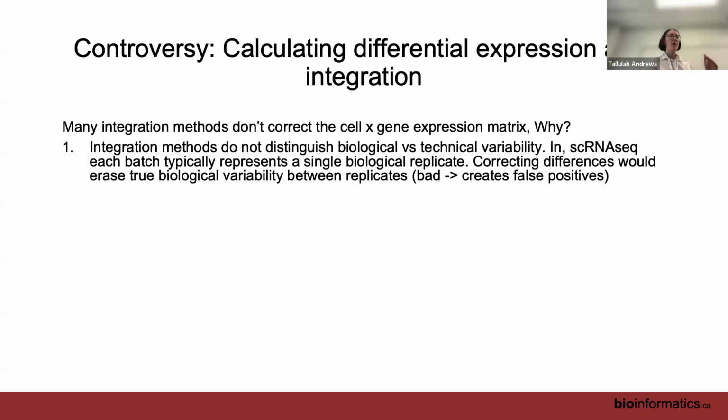It could be a difference in the biological replicate versus a different biological replicate, or it could be a technical effect. If you correct for the differences between biological replicates that are due to the noise between replicates, you're artificially inflating the significance of your differentially expressed genes. So you don't want to do that, because that will create false positive results.